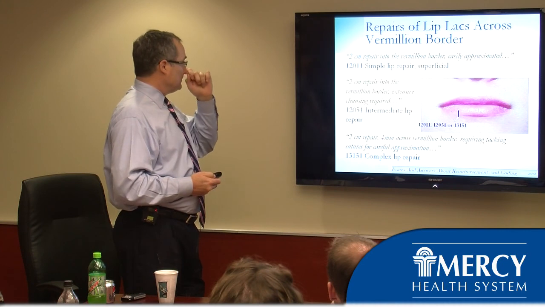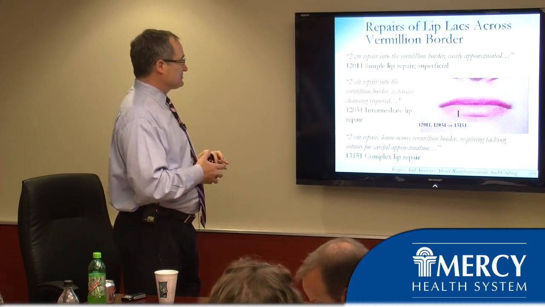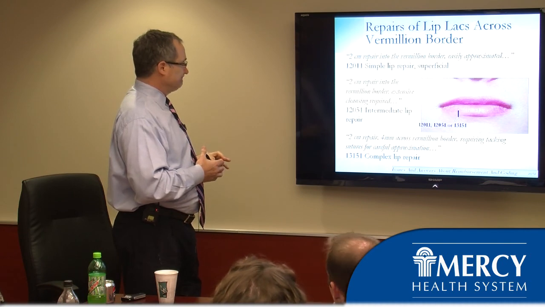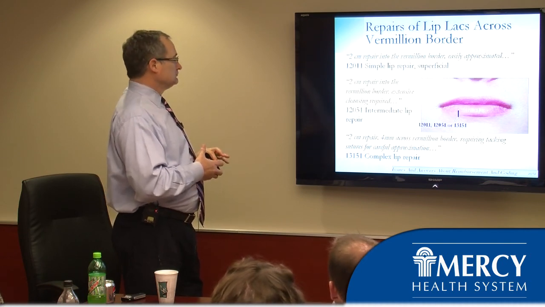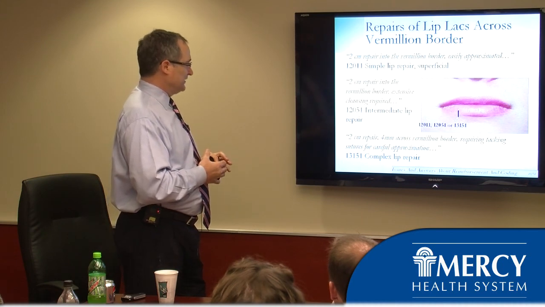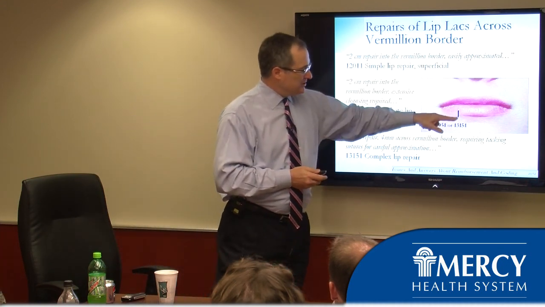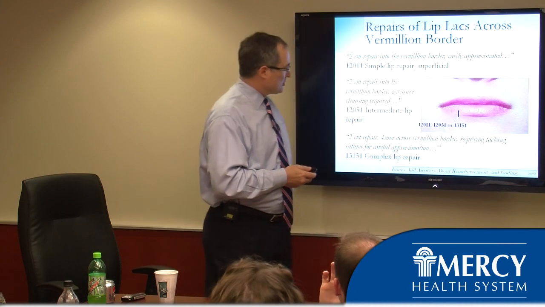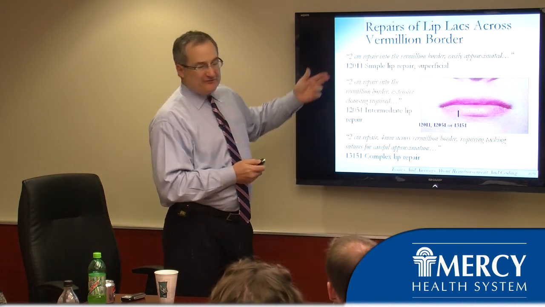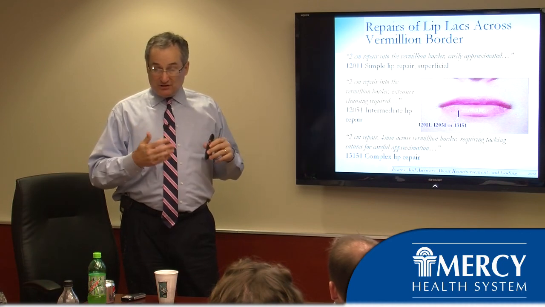All right, let's talk about lip repairs. Some confusion about lips, because there are some codes out there for through and through lip lac, split lips, that we need to talk about. They have to do with where the split lip occurs relative to the vermilion. Now, the fact that the physician mentions vermilion doesn't tell us enough yet.